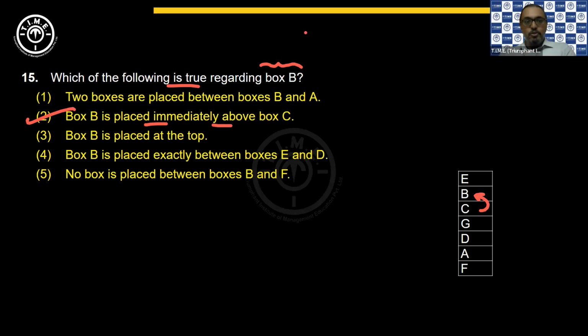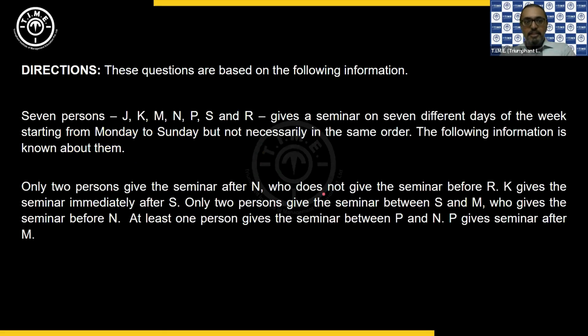Okay, so these are the questions you have in this set. The next one: 7 persons give a seminar on 7 different days of the week, starting from Monday to Sunday.